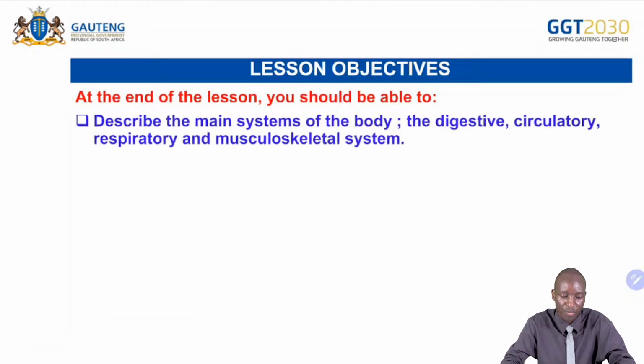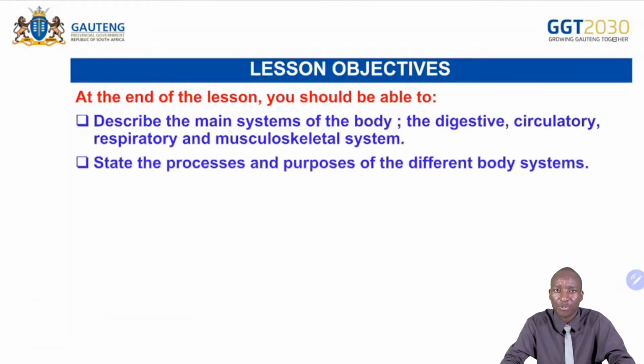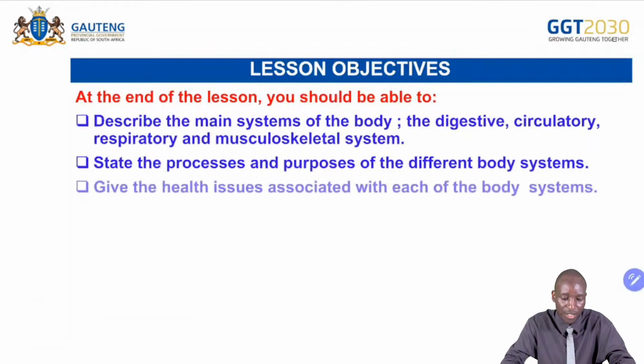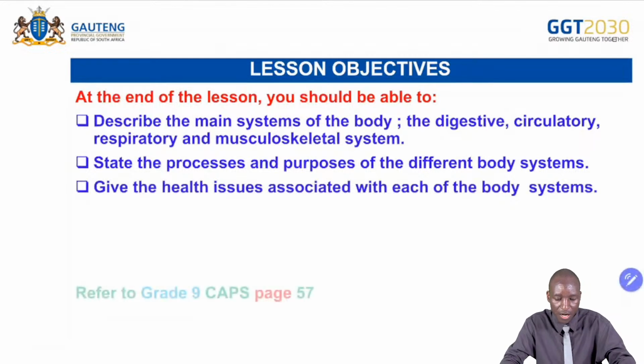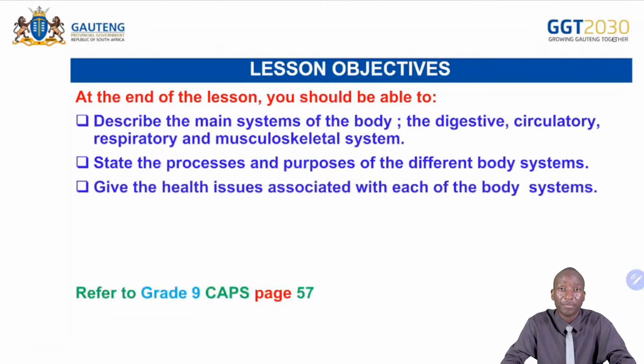We're also supposed to be able to state the processes and purposes of the different body systems, as well as being able to give the health issues associated with each of the body systems. And the source of our lesson is the KEBS document, page 57. So these are the objectives of the day.